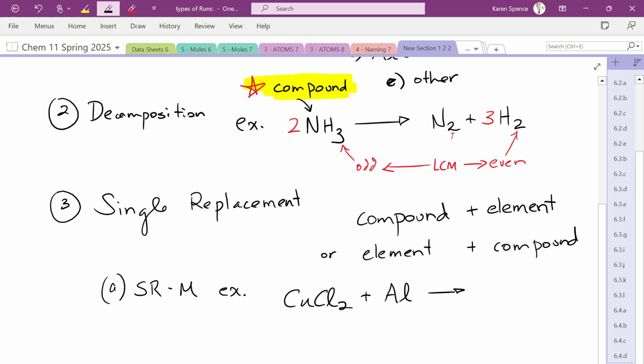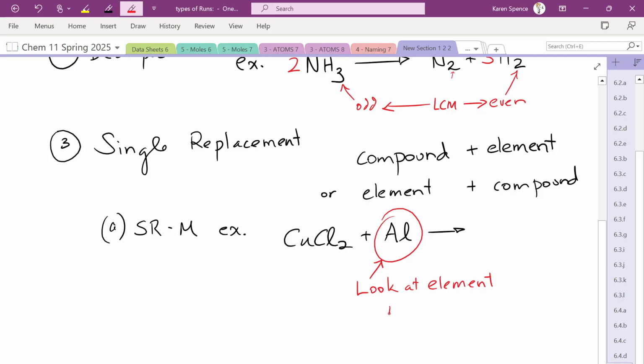You always need to look at the element, right? And which one is this? This is a metal. So it will kick out the other metal.